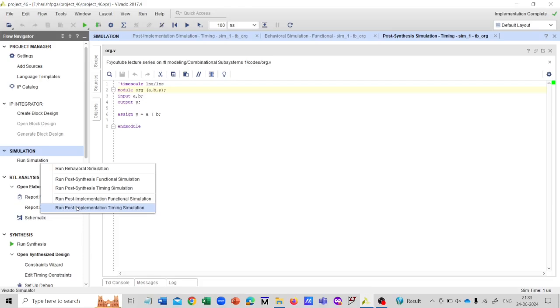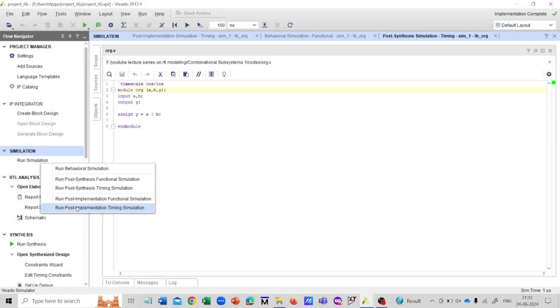The synthesized netlist is placed and routed, which means that post-implementation timing simulation will show delays which are more than what you have observed in the post-synthesis timing simulation phase, because now the details of the interconnects are completely specified, and as a result, the delays due to the interconnects are also now more or less frozen.